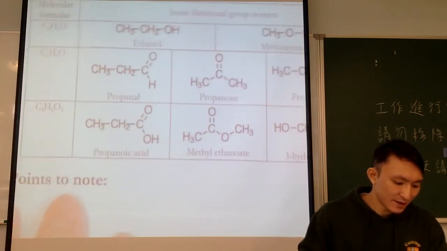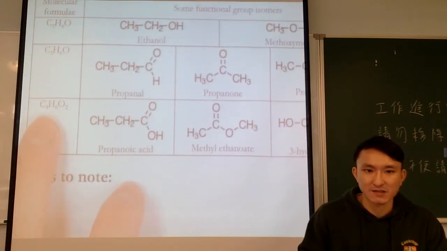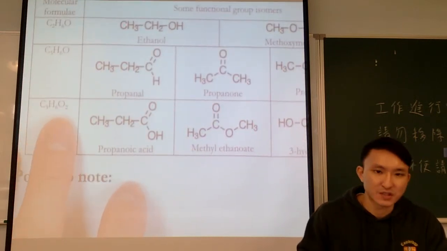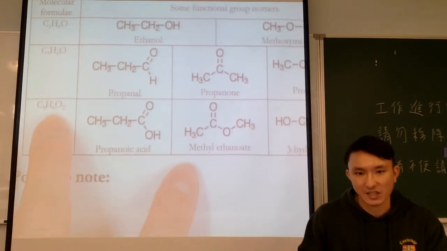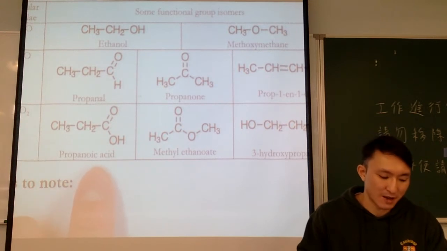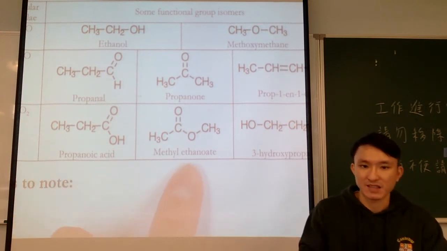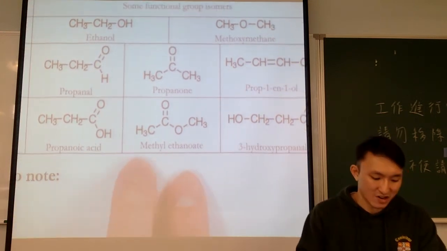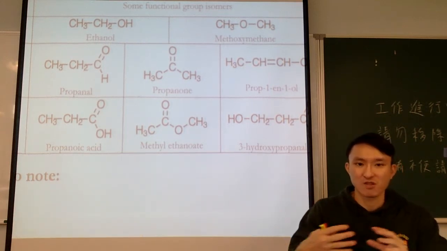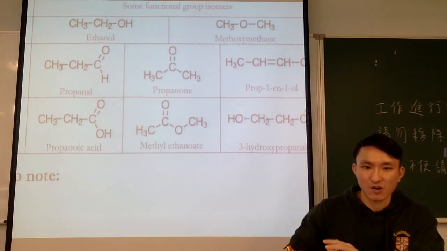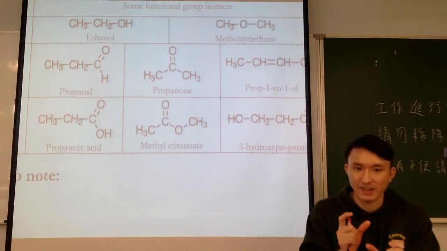And this one, C3H6O2, with 2 oxygens, very likely it would be a carboxylic acid or an ester. So it turns out it could be a propanoic acid, it could be a methyl ethanoate, or it could also be ethyl methanoate. You can always have different methyl groups and different alcohols and different carboxylic acids forming the esters.